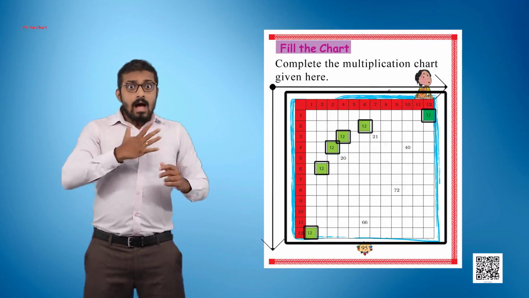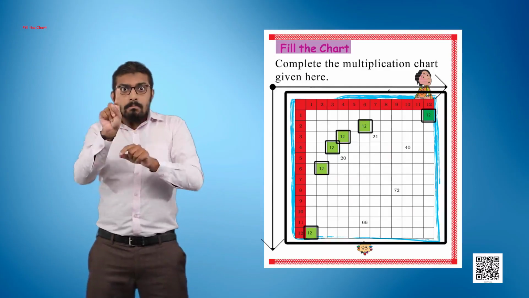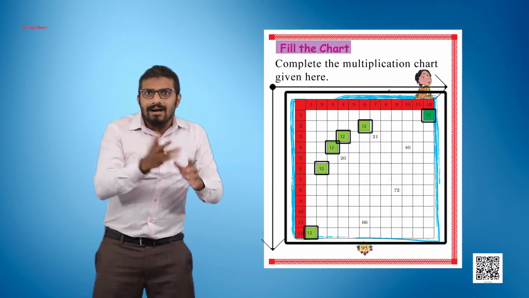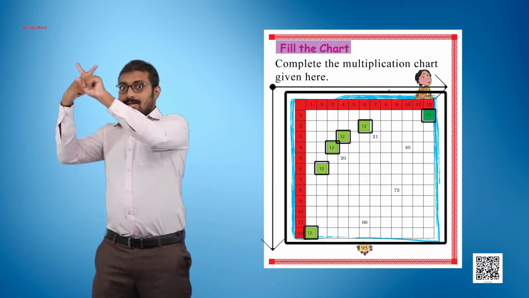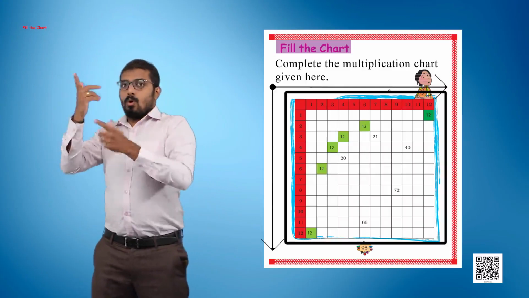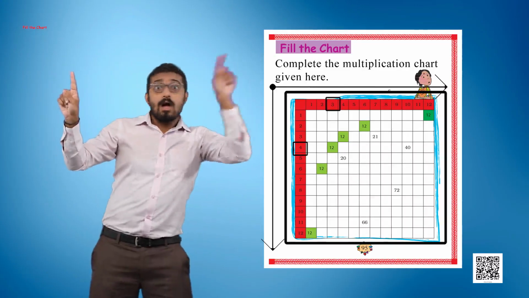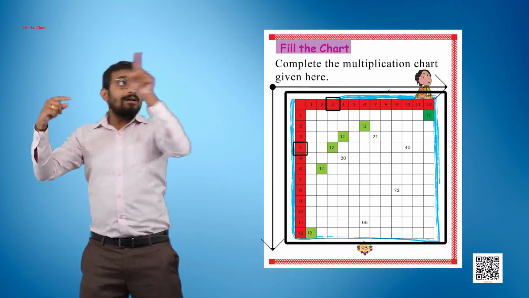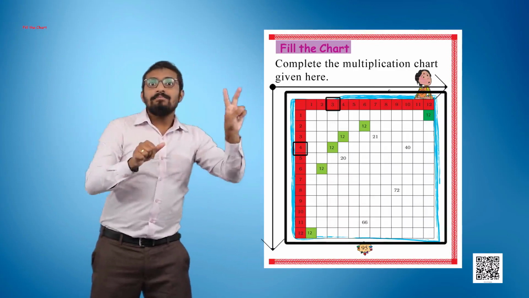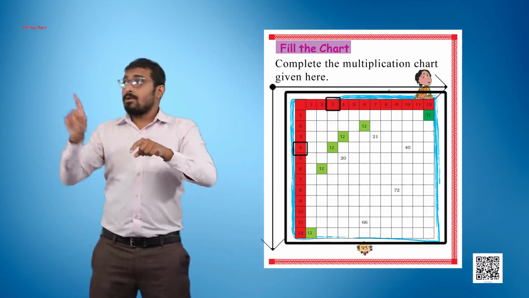Observe the green boxes in the chart. These show how we can get 12 by multiplying different numbers. 12 is equal to 4 multiplied by 3. So 12 is a multiple of both 4 and 3.